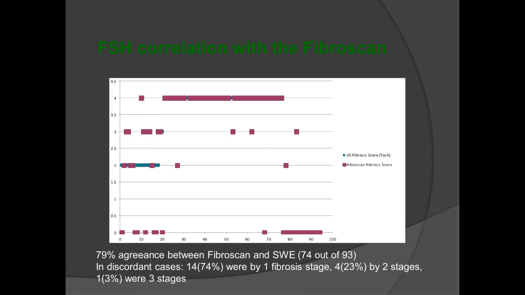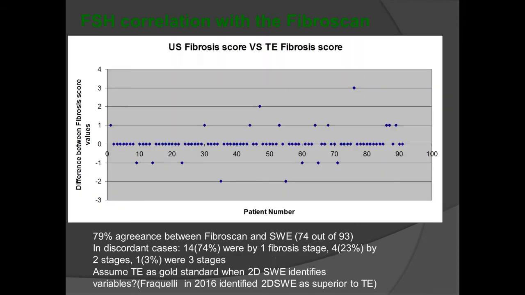So we think, as you can see on this next chart, that even though we're often getting one fibrosis score difference, we're possibly getting closer to the gold standard than the FibroScan. So we're pretty happy with this.